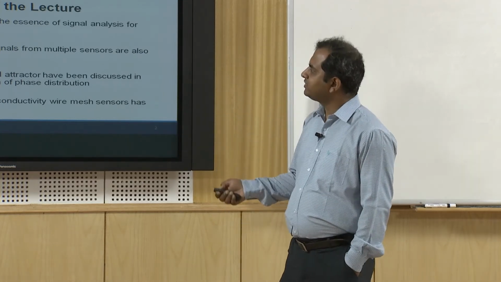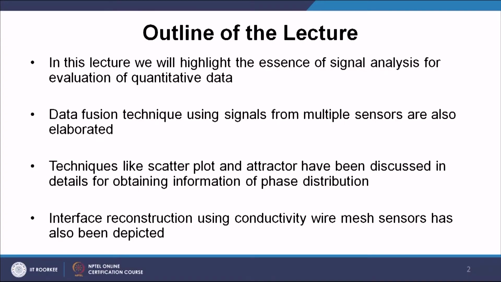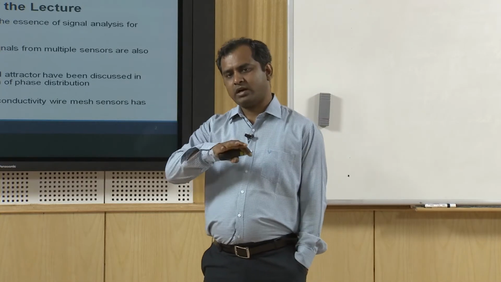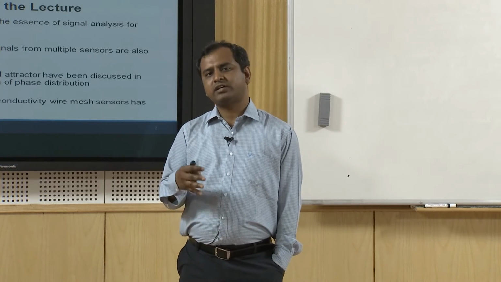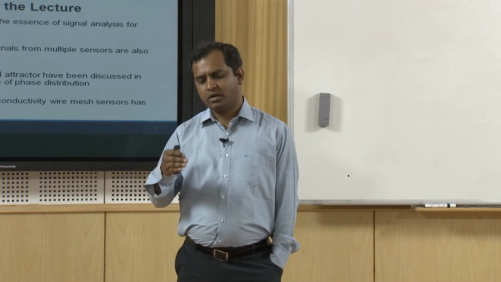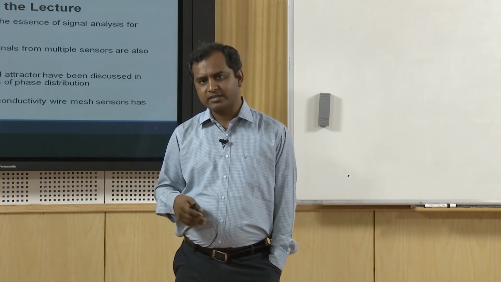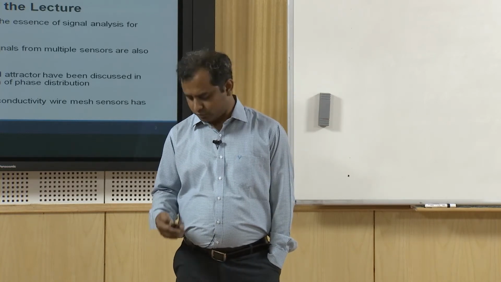Also I will discuss some modern techniques for signal analysis like scatter plot, attractor, time delay plot and so on. I will also show how, using multiple sensor data in one array, I can reconstruct the interface. This is for a highly well defined interface. So, I will show you that technique also.